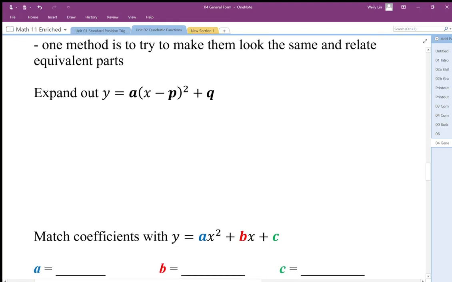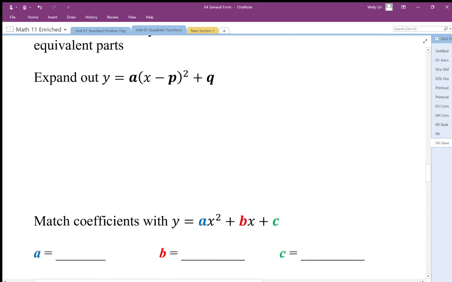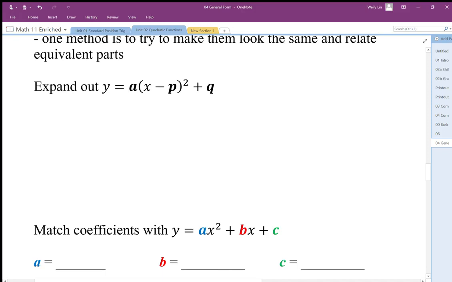This process is called equating coefficients, and this is a very useful strategy, not just in this case, but in general. If we have different terms of a polynomial, we can say that the quadratic coefficient must match the quadratic coefficient, the linear coefficient must match, and the constant terms must match. So as I expand out this parabola here, I need to FOIL this out.